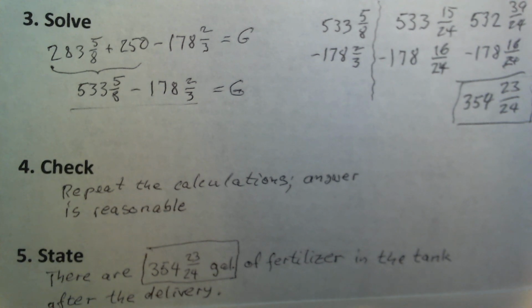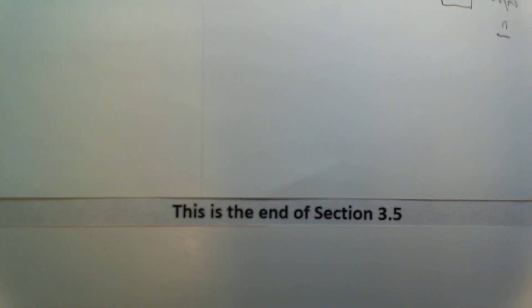So you can practice all you want, and I really recommend you do more than one of these word problems just to get used to word problems. Okay? You can do this, you can learn it. It may take a little longer than you think, but eventually I'm sure you'll get it. It is a matter of practicing. This is the end of section 3.5.